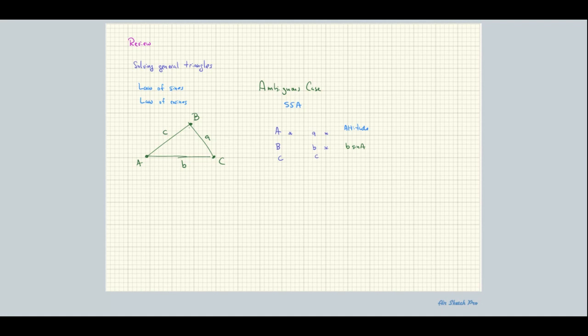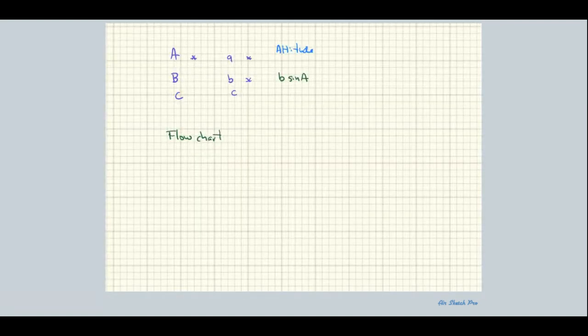And so the idea here is we have this flow chart, right? Let me zoom in a little bit for us, okay? So the flow chart is, first of all, let's label these a little bit so we see it, right?